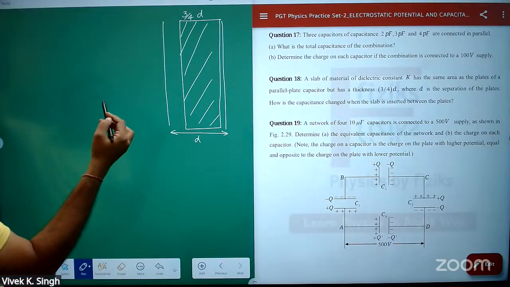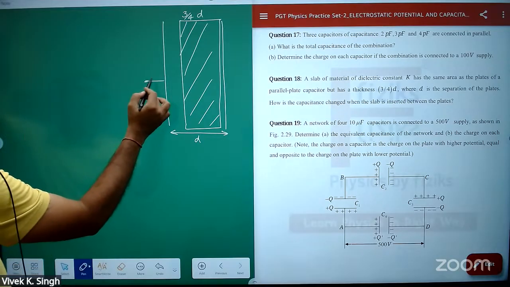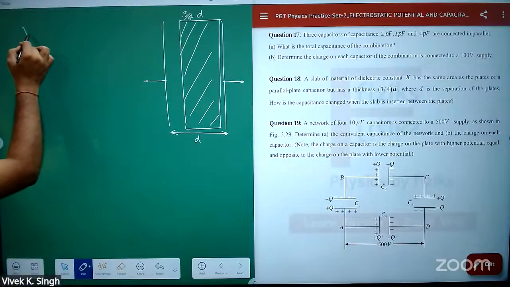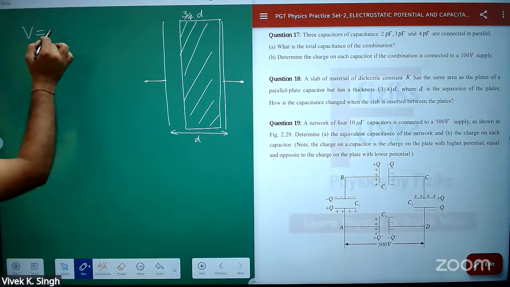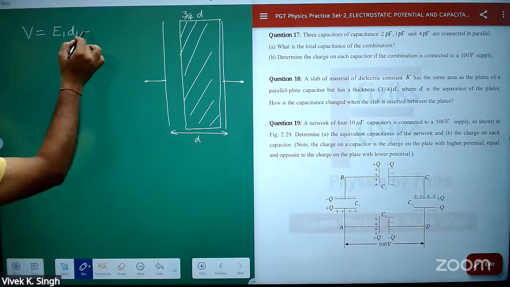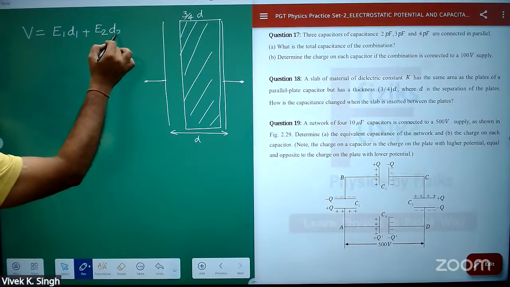Now what will be the new potential difference? The potential difference between these 2 points is V, and V is given by E1 into D1 plus E2 into D2.